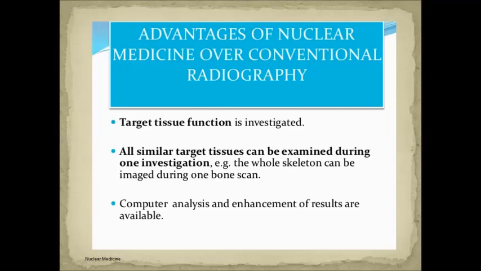For example, the whole skeleton can be imaged during one bone scan, and you don't need to administer, for example, a CT scan of first skull, then chest, then abdomen, and so on.